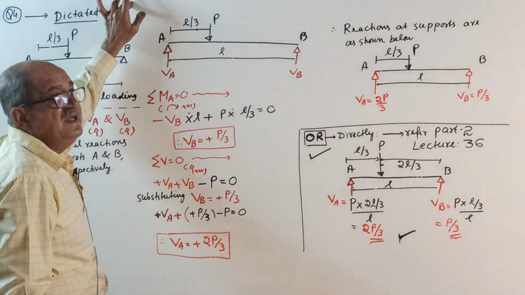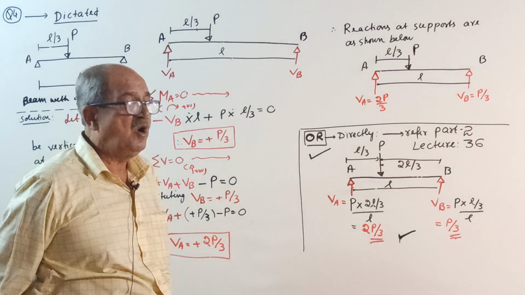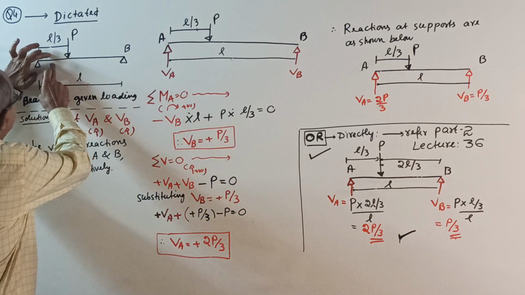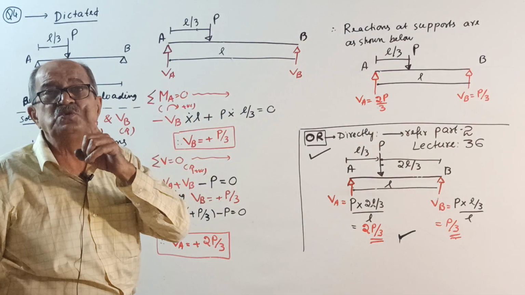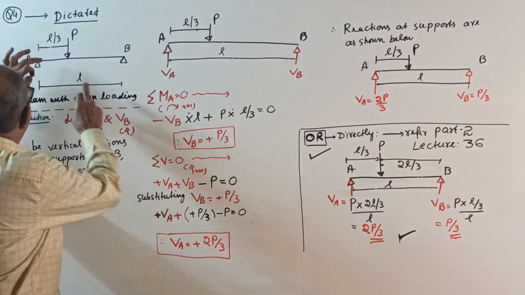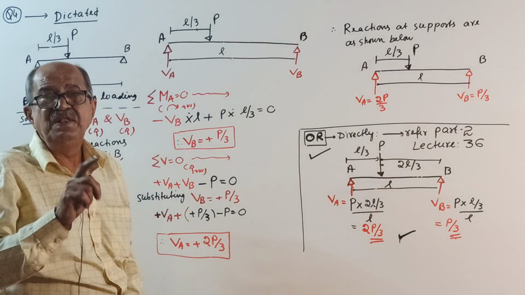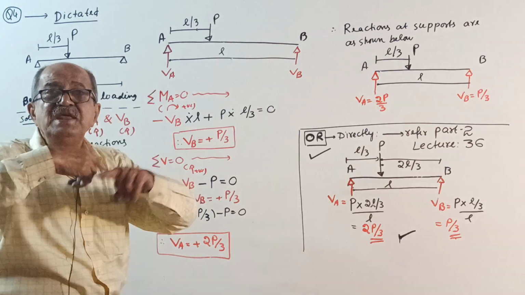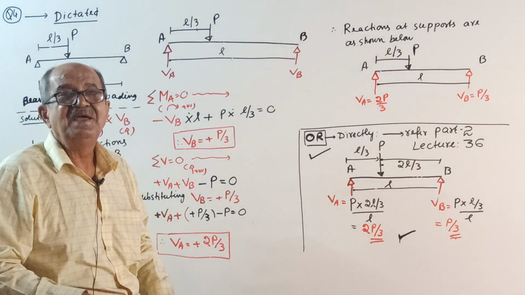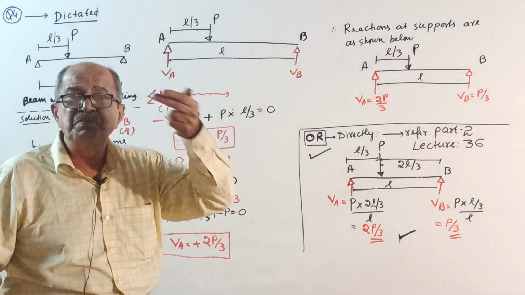So the right side distance is twice the left side distance, or the distances of left side and right side are in the ratio of 1:2. If the distances of left side and right side for a point load are in the ratio of 1:2, support reactions will be in the inverse ratio, 2:1. If the ratio is A:B, the reaction ratio is B:A.